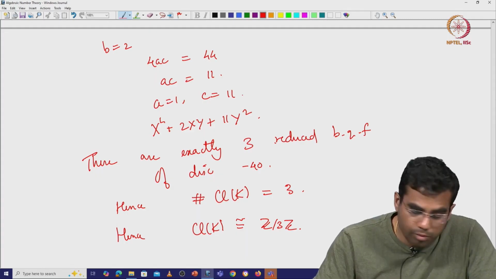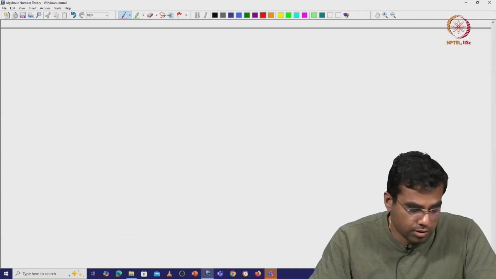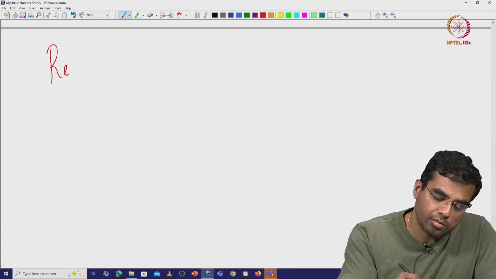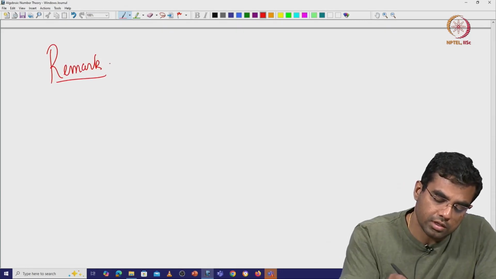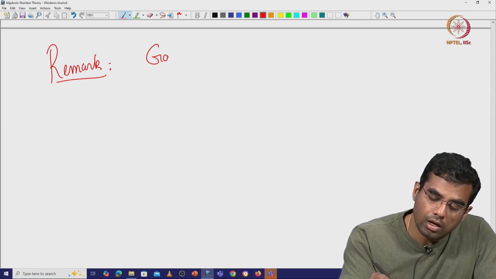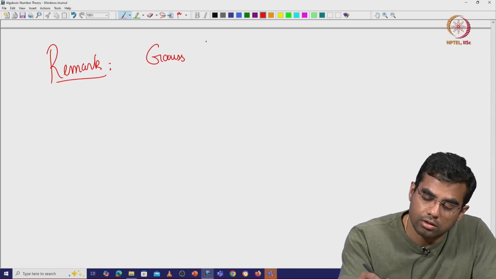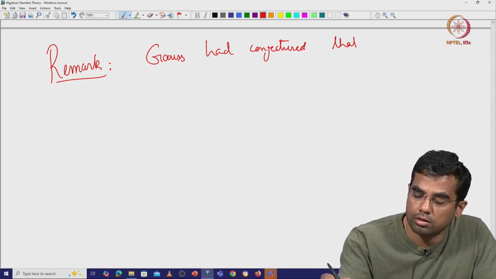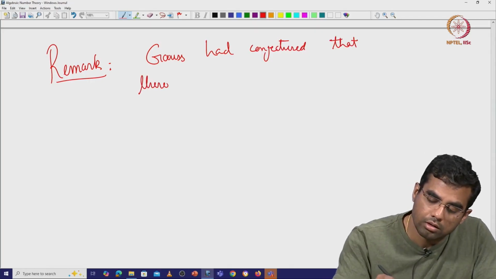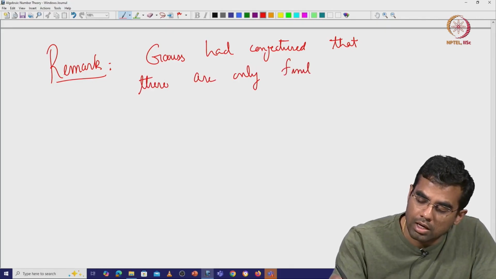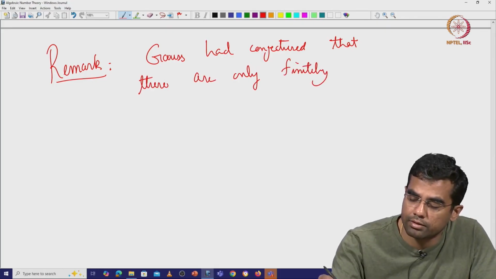And we can do many more examples, but let us not worry about that. So, maybe I will just make some remark about how rich this theory is. So, Gauss had conjectured that there are only finitely many, and in fact, he gave a list of 11 number fields.